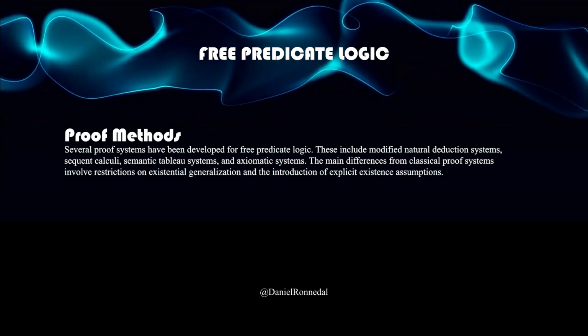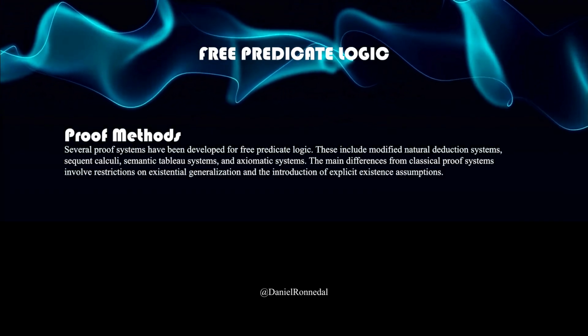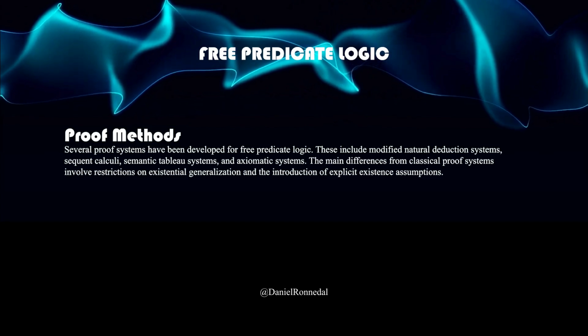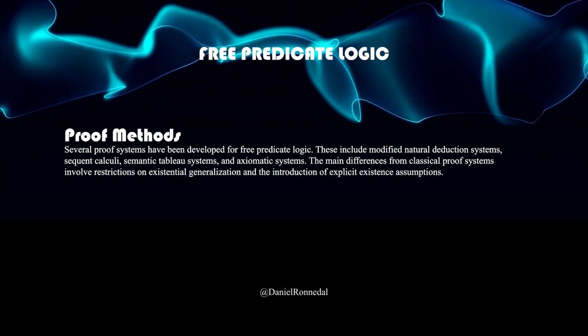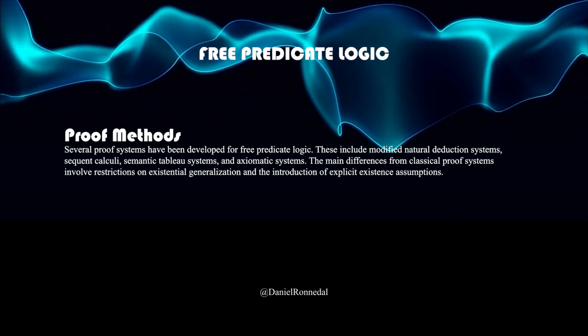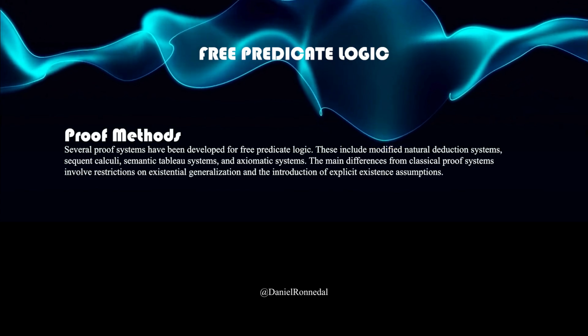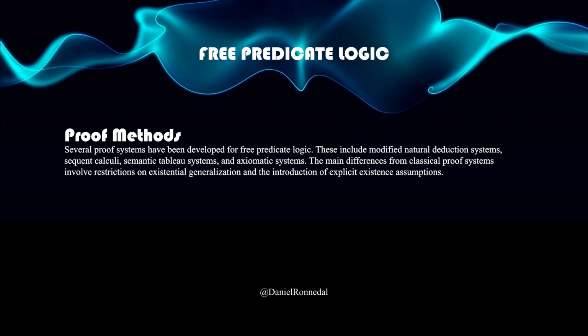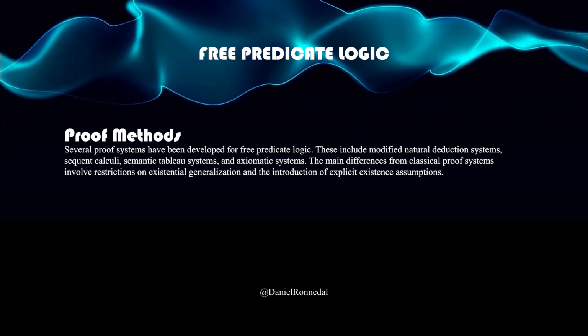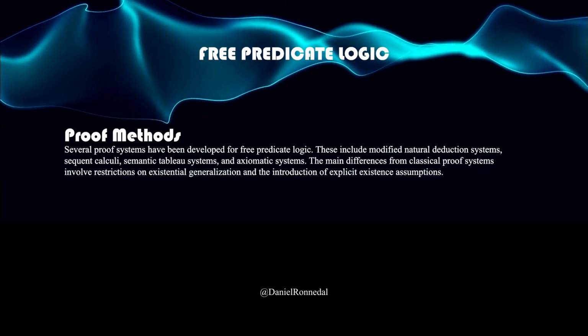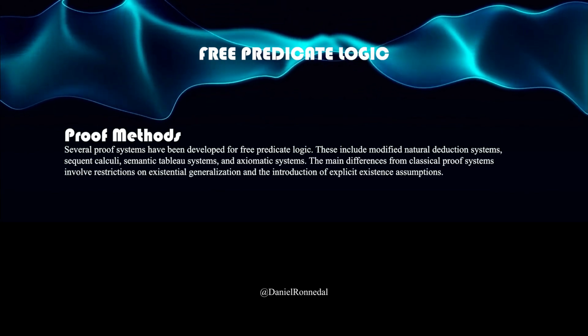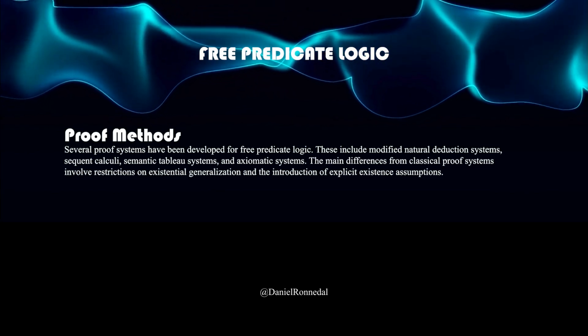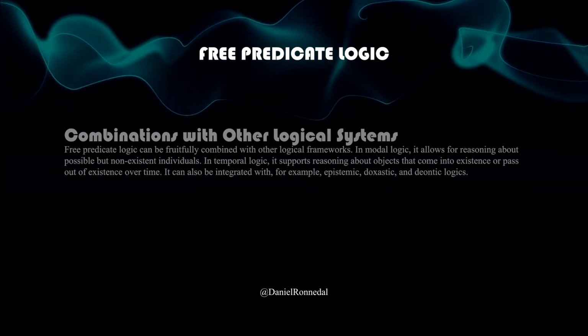Several proof systems have been developed for free predicate logic. These include modified natural deduction systems, sequent calculi, semantic tableau systems, and axiomatic systems. The main differences from classical proof systems involve restrictions on existential generalization and the introduction of explicit existence assumptions.